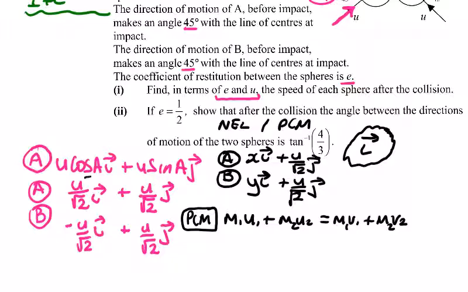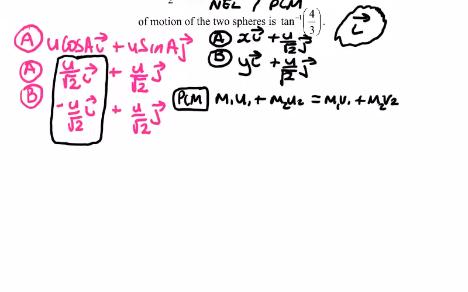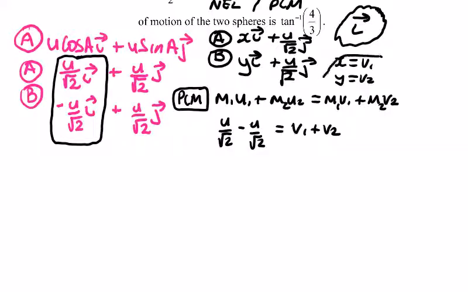So before we have these two, so if we divide by m to start, we can say u over root 2 minus u over root 2 is equal to v1 plus v2. I'm going to say x is equal to v1, y is equal to v2. If you're used to using v1 and v2, just continue to do that. So we're going to get v1 plus v2 is equal to 0 to begin.